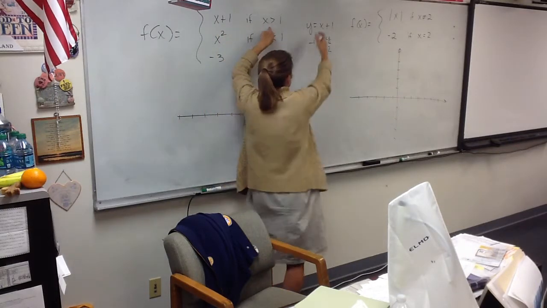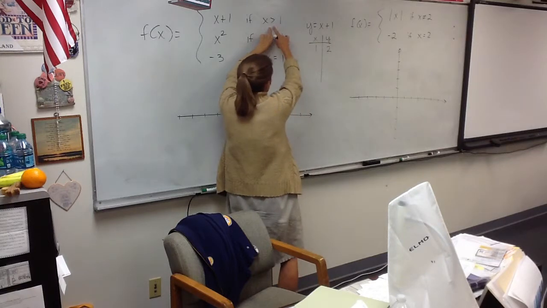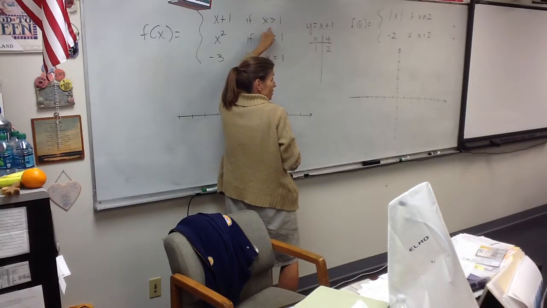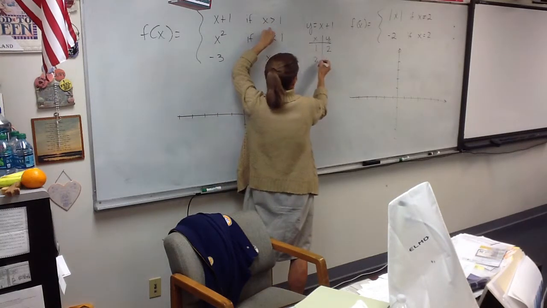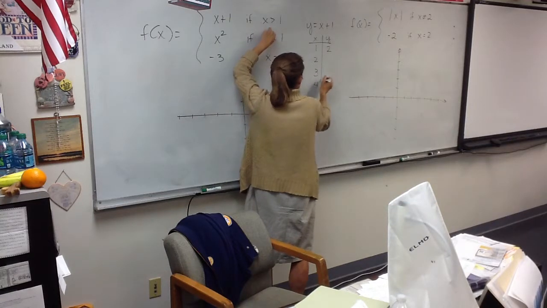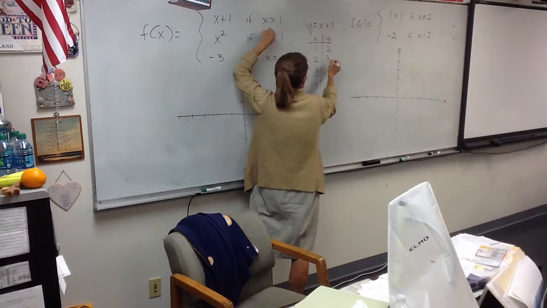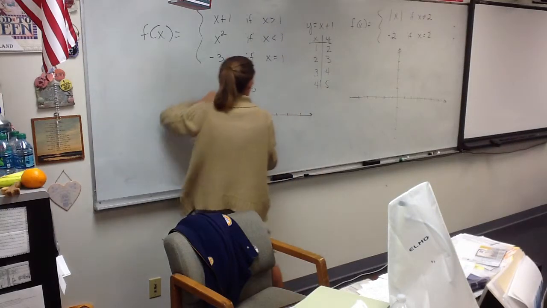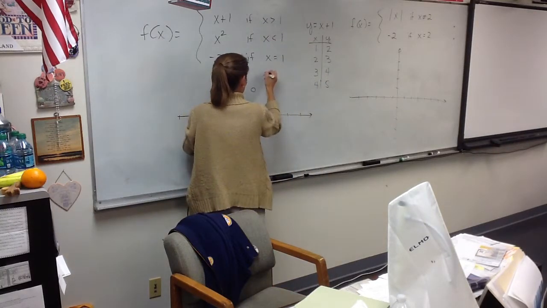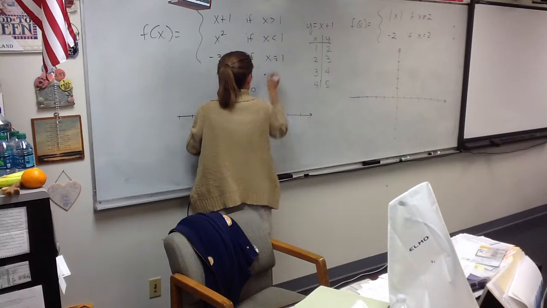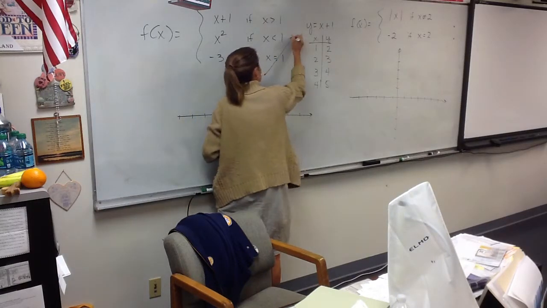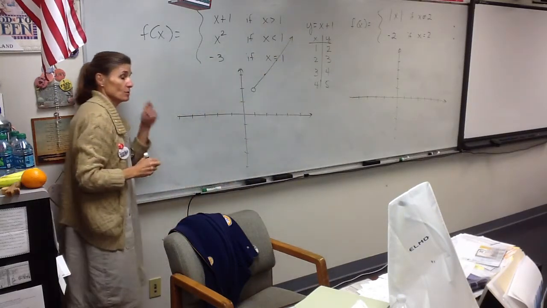It says, when I set up my t-chart, I have to have x's that are bigger than 1. So I'm going to start with 1, and then I'll do 2 and 3 and 4, and as many as I want to do. So I plug them in. 2 would give me 3, and then I'll plot those. So 2 comma 3, 3 comma 4, and there is the part of the line that I want to sketch.